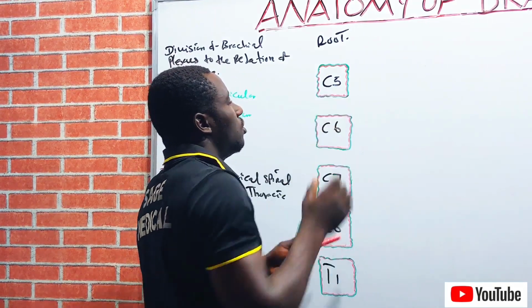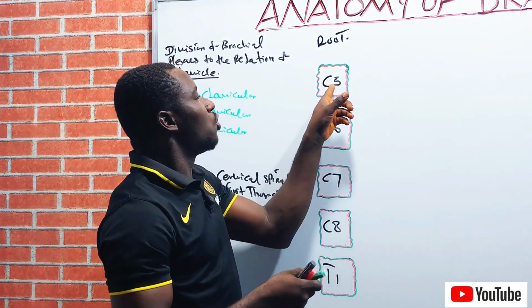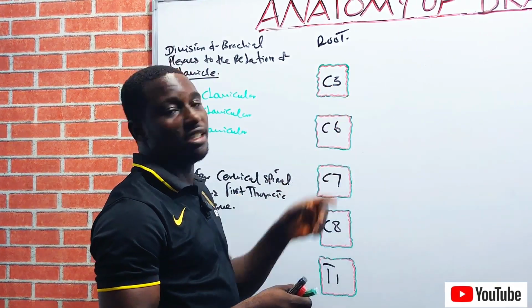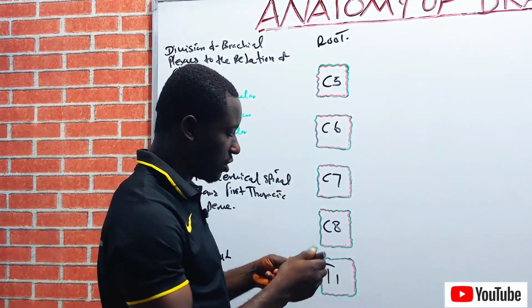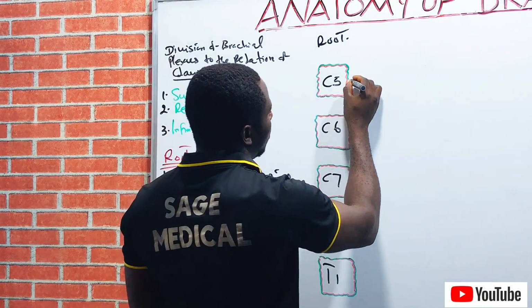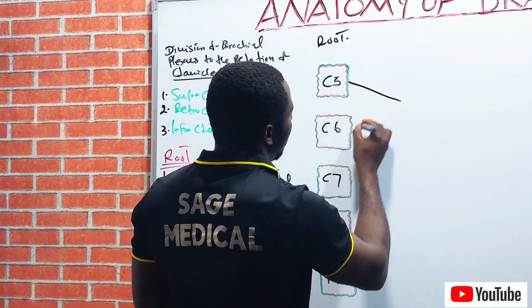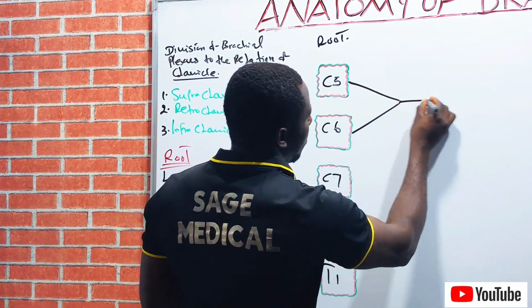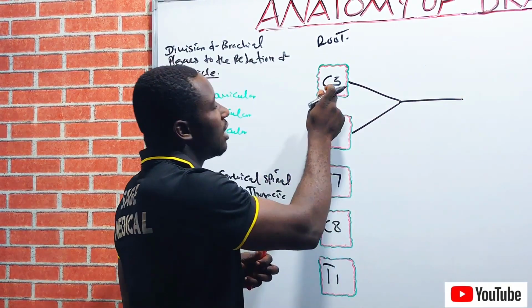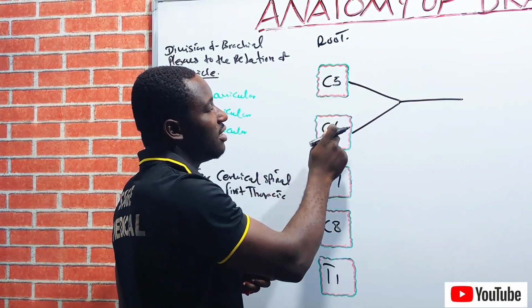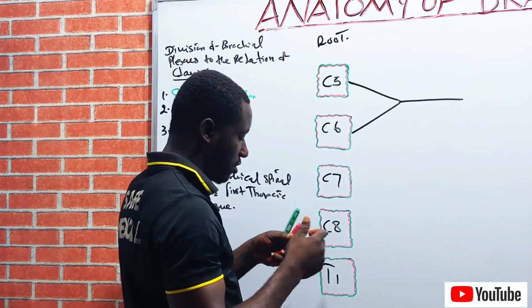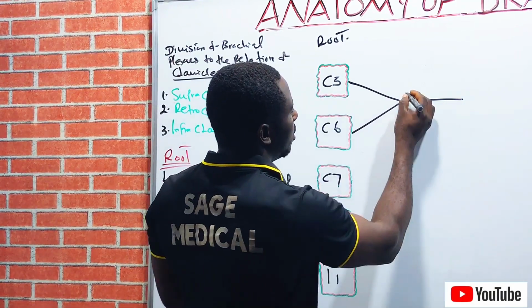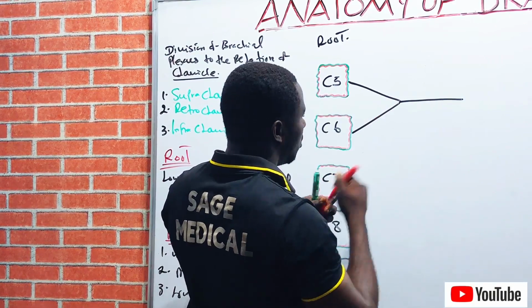The root nerves of C5 and C6 unite to form the upper trunk. So this is the upper trunk.